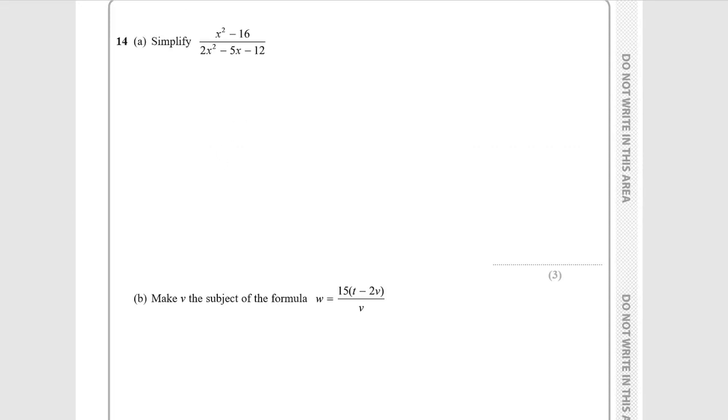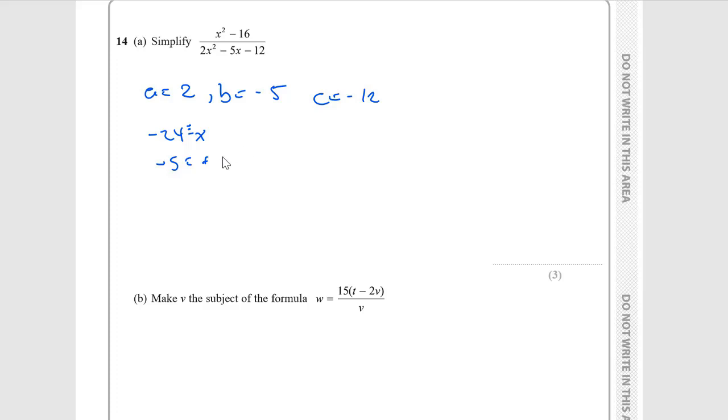Simplify question 14. So we can find this by factorizing. So a equals 2, b equals minus 5, c equals minus 12. So minus 24, so we need two numbers, the product of which is minus 24, and the sum of which is minus 5.